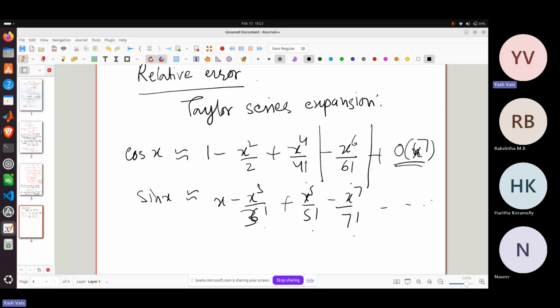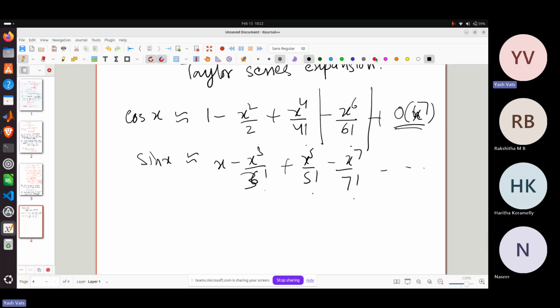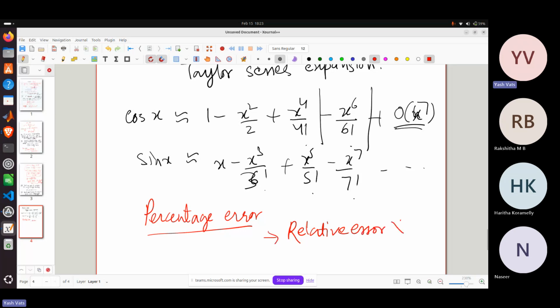Another error I want to introduce is the percentage error, which is just relative error times 100. That's your percentage error.